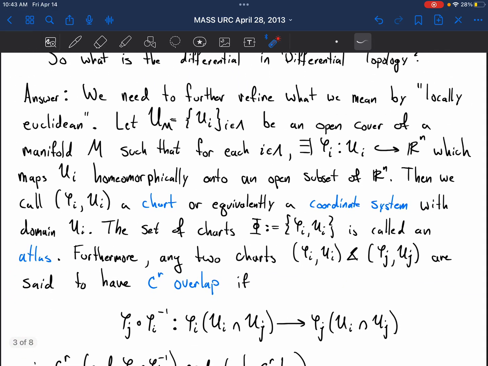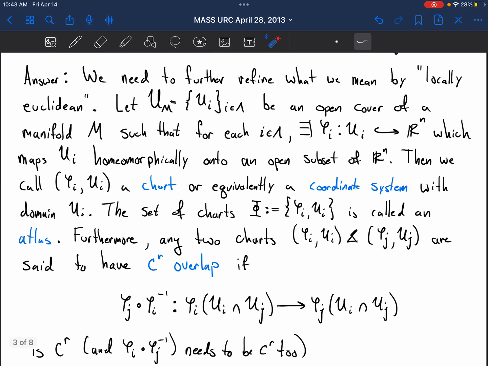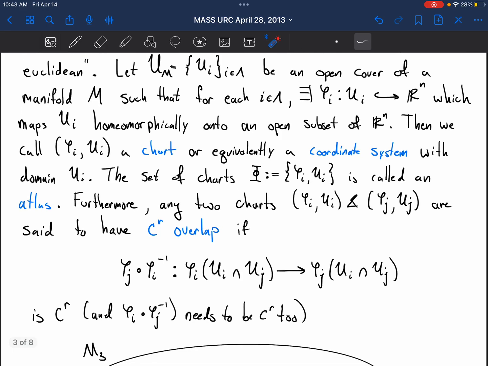So what is the differential in differential topology? Well, we can refine what we mean by locally Euclidean. If you take an open cover, for each index you want there to be a homeomorphism into R^n.